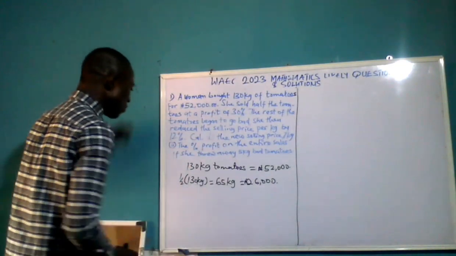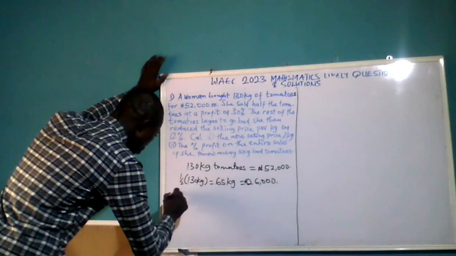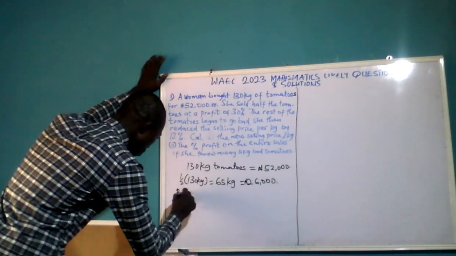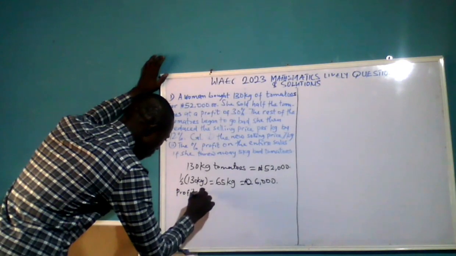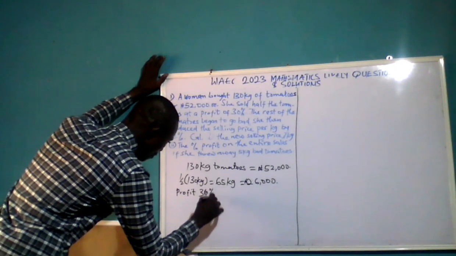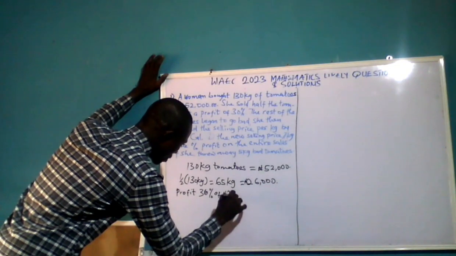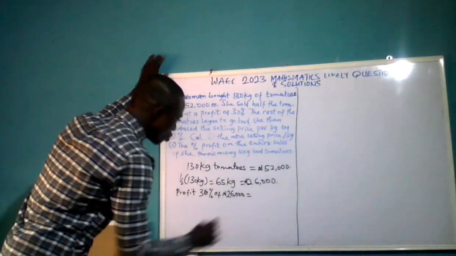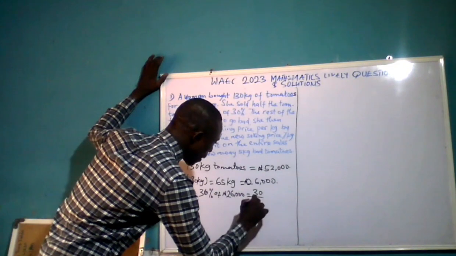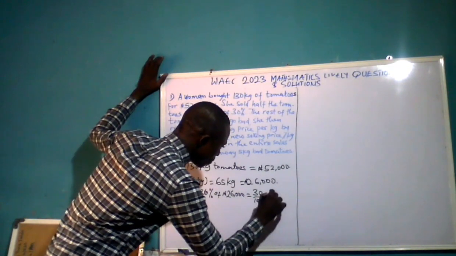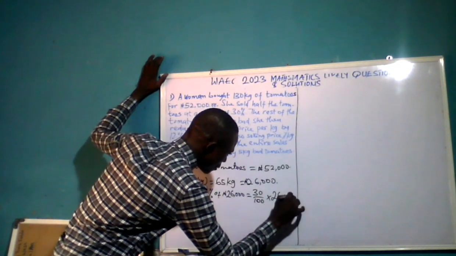Now let's take 30% of the profits. 30% of 26,000 naira will be equal to 30 over 100 multiplied by 26,000.